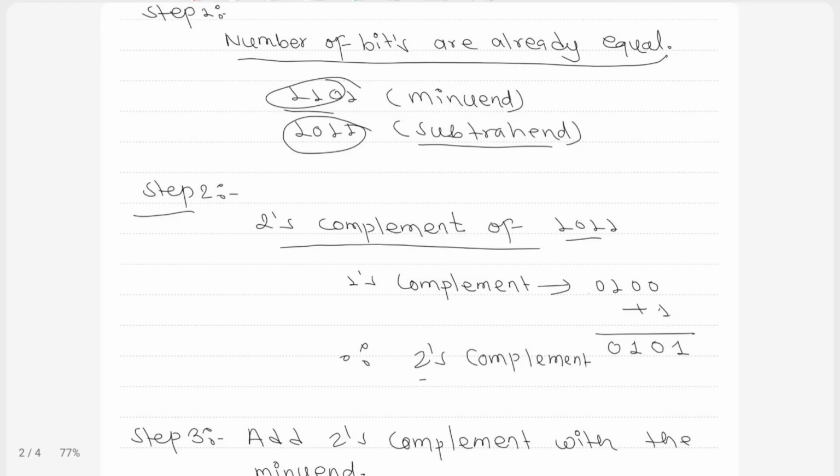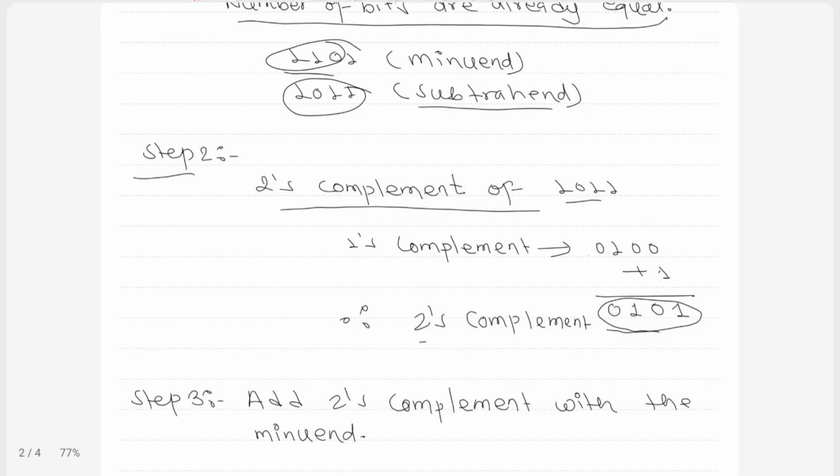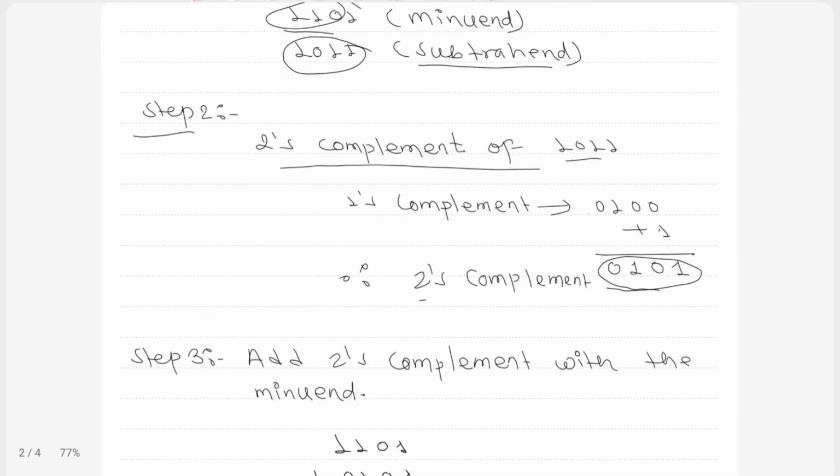And then we take the two's complement, so add plus 1. So we add 0 0 1 1 plus 1, and we get the number.